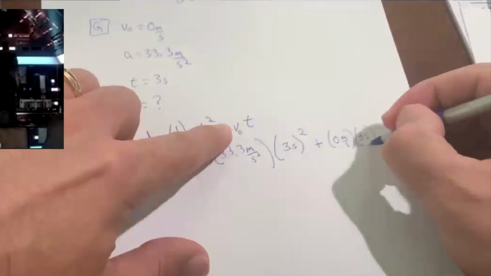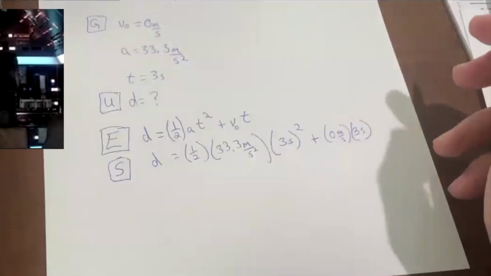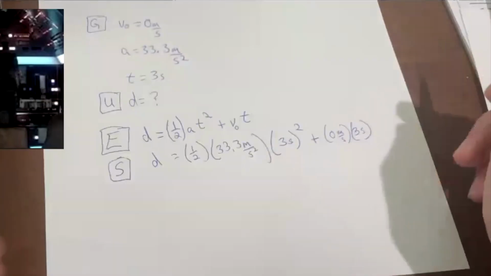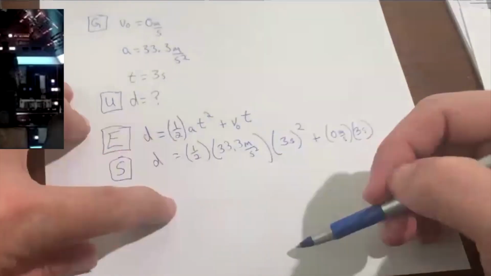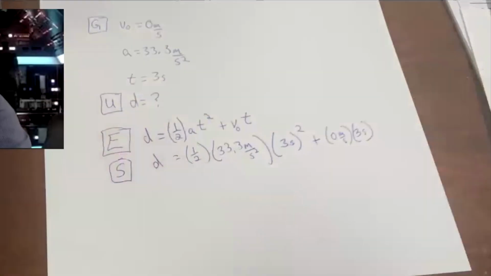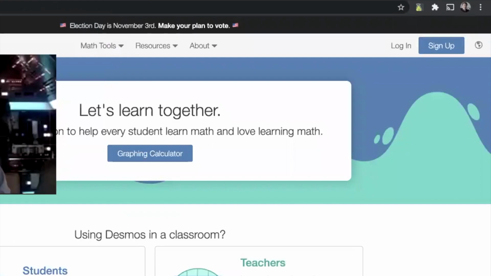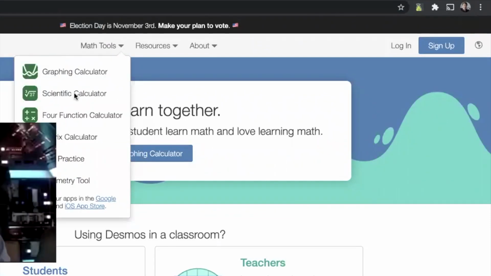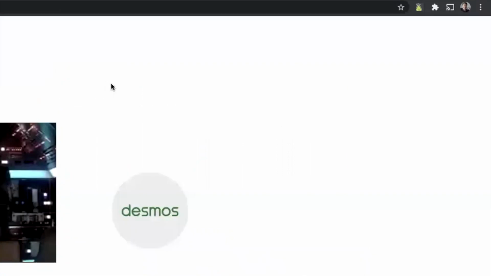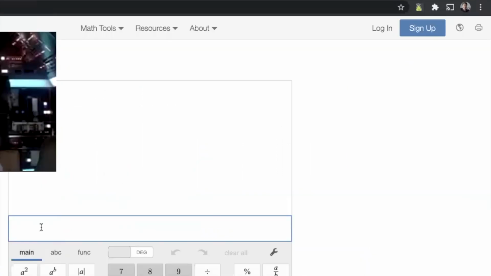So there's two ways to go from here. Personally, I would probably do one step at a time and write it down, or we could also go straight into our calculator, and we are going to be using Desmos. You can just type in desmos.com. You can go to Math Tools and Scientific Calculator. Click on the Scientific Calculator right there. Because now we can use parentheses, and I'm just using the keyboard to type this.